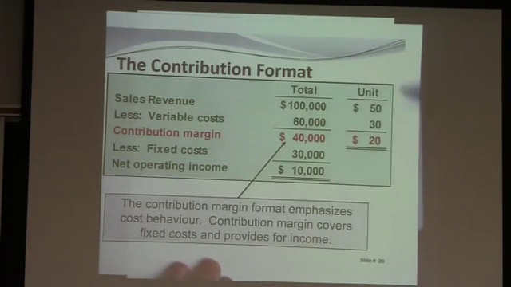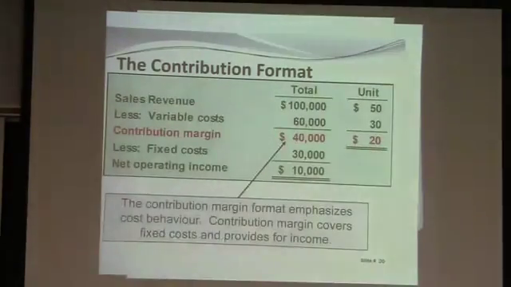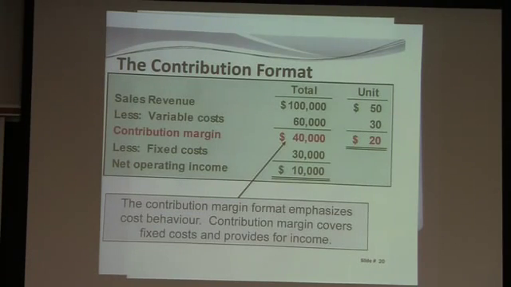The reason we want to know that is because we can then make an assessment. If somebody comes in and says, I have an extra 10,000 units of sales, we'll know exactly that those 10,000 units are going to generate a profit of 10,000 times $20 per unit, or $200,000 profit impact to the business.